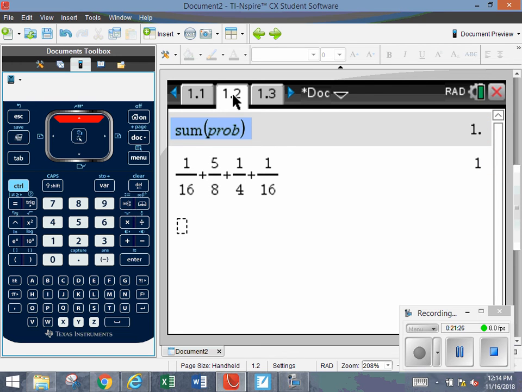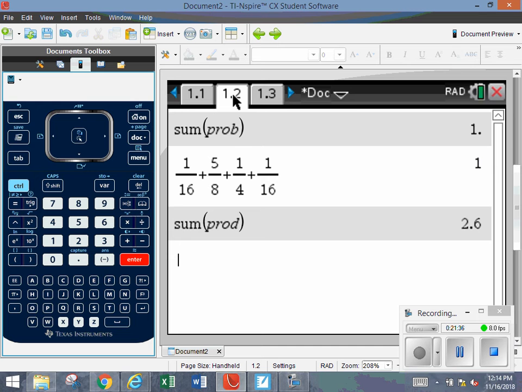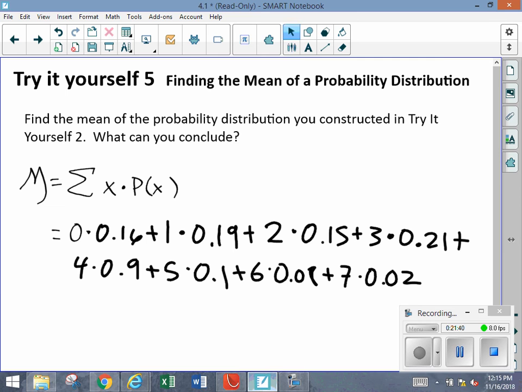I can go up here and copy this and just change the B to a D. Then I get 2.6. So what I actually did was, I got that this is equal to 2.6. That is the mean of our probability distribution.